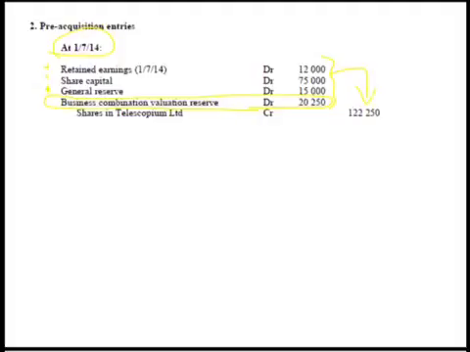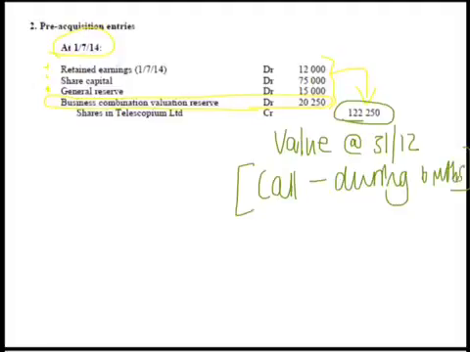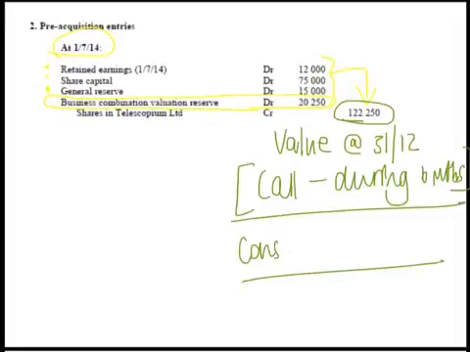In this case, that investment in subsidiary was calculated as the value of the investment at year end less the call that was made during the 6 months since acquisition date, which gave us the consideration transferred on the acquisition date.